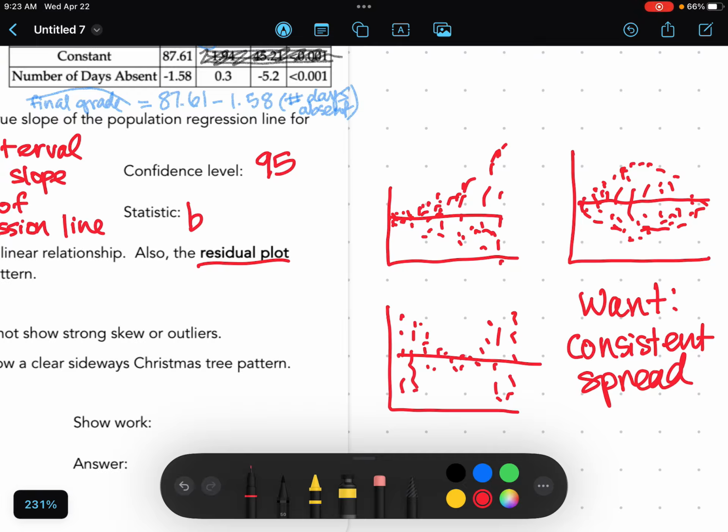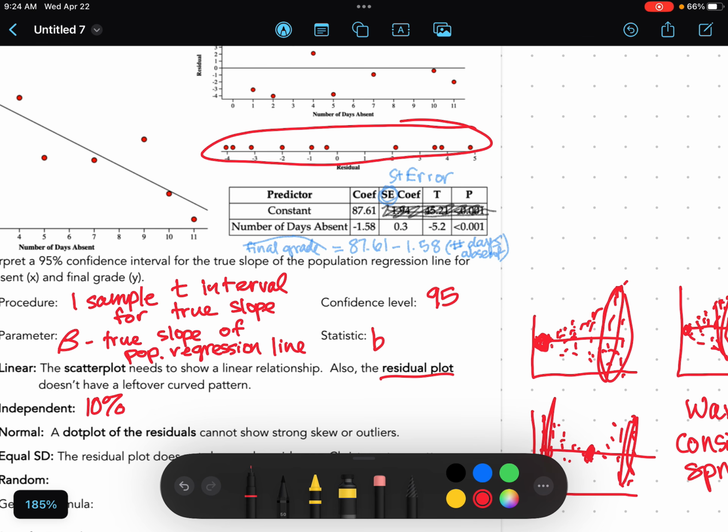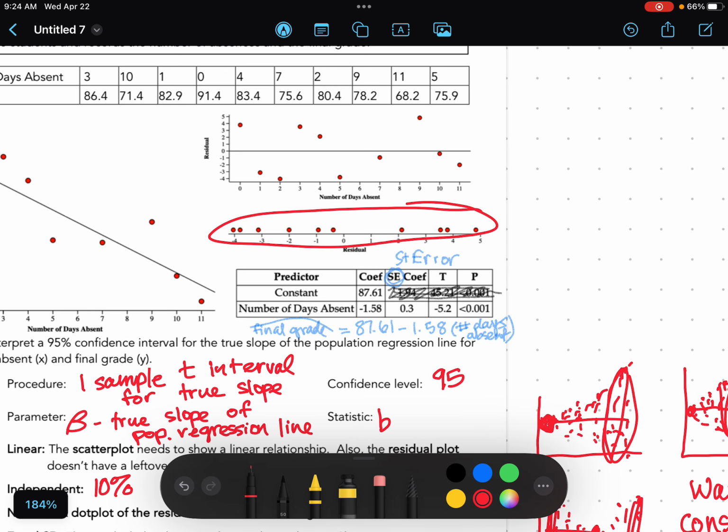It's bad if you have any of these things where this side is really close together and this side's really far apart, or the ends are really close together and the middle is really far apart. This is where the standard deviation of residuals comes in. There's not a number, but the spread needs to be consistent. As we look at our residual plot here up top, it's looking good. It's not super clustered together on one side and then spread out on the other side.